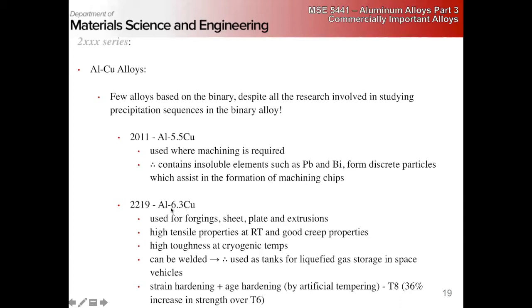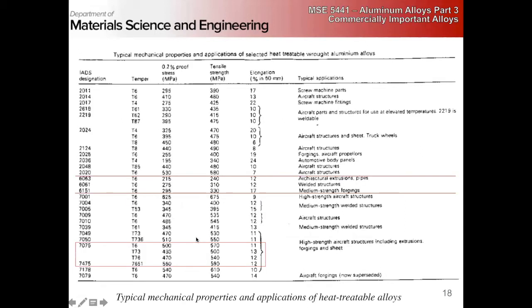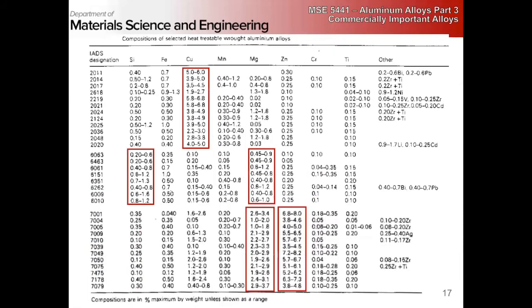2219 is aluminum 6.3 copper. This is typically pretty close to pure aluminum copper. On this composition, 2219, we can see it has a little bit of silicon, a little bit of iron.